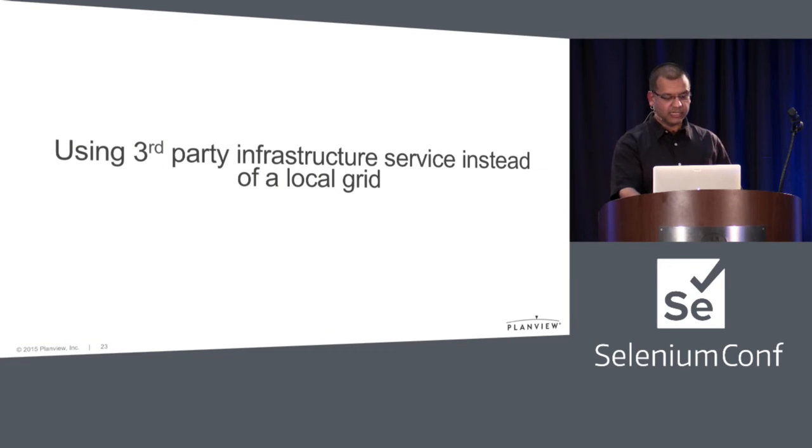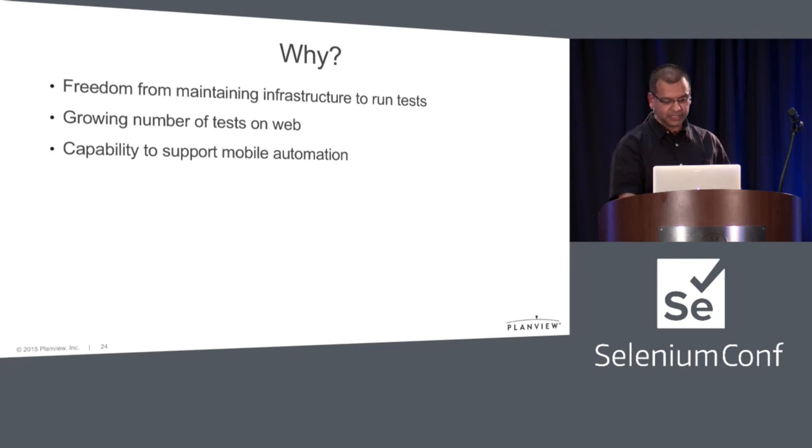And the last part of my talk focuses on our experience with using a third-party infrastructure service instead of a local grid. So again, let's start with why we should go for a third-party infrastructure service. Going for a third-party infrastructure service saves the effort spent in upgrading or maintaining the test node part of the local Selenium grid infrastructure.